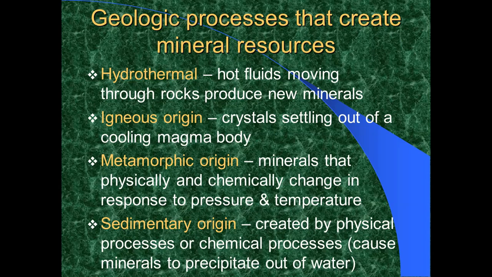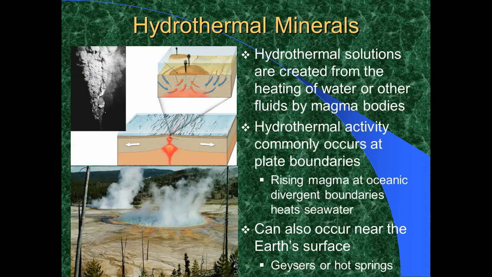So you have a saturated solution somewhere, you add a little bit more, and those minerals precipitate out, or they change from an aqueous phase, a dissolved phase, back into the solid phase. Now let's take a look at all 4 of these, and let's start with our hydrothermal minerals.